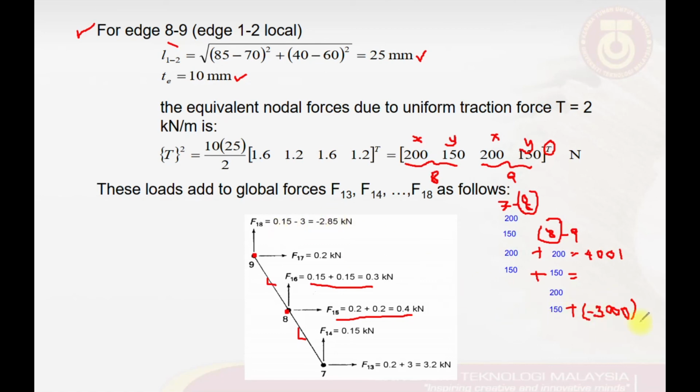If we add these two, we get the vertical force at node number 9, represented by F18 here, which is equivalent to negative 2.89 kilonewtons, or 2.89 acting in the opposite direction to the arrow that we have for F18.